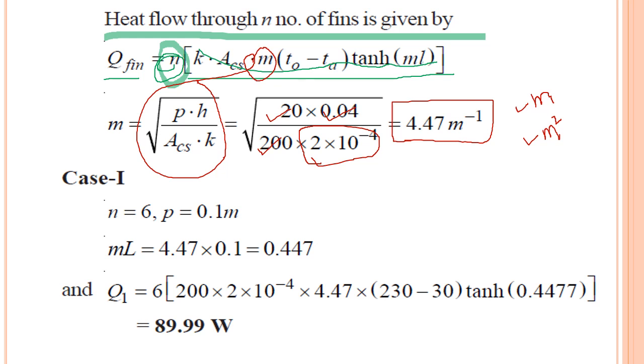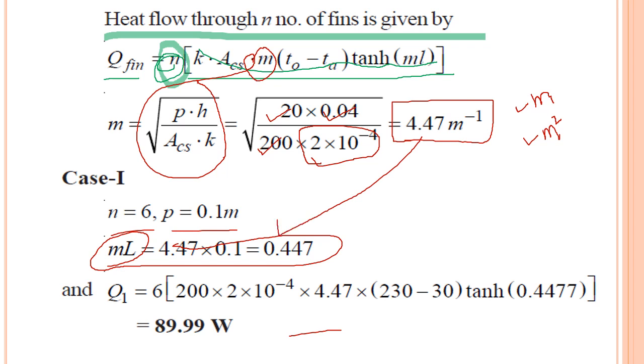Now the first case is, fin is of 6 in number and the length is 0.1 meter, that is given in the data. So M into L value is calculated here, because M value is 4.47 and length value is 0.1 meter.